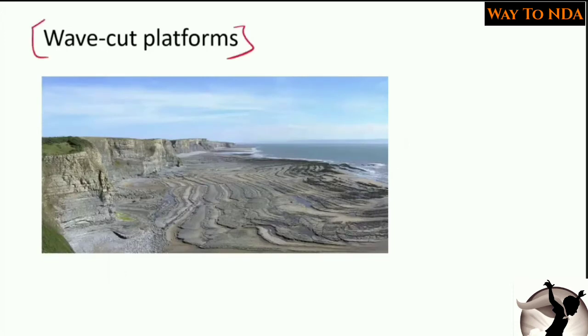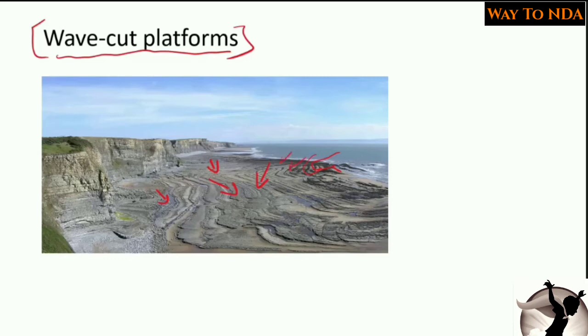If you can see here, this rocky structure is called a wave cut platform. Earlier the coast was still here, but due to the action of the waves, the water came till here and then eroded this part, then again eroded this part.